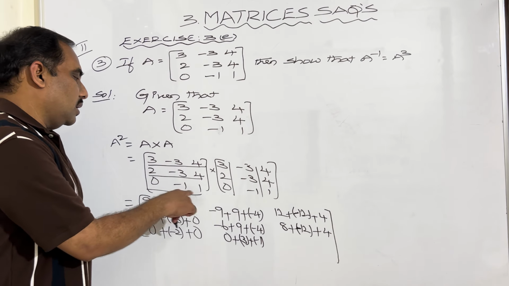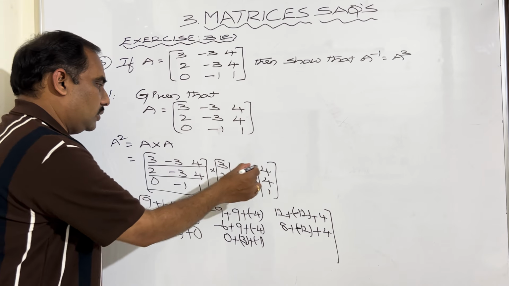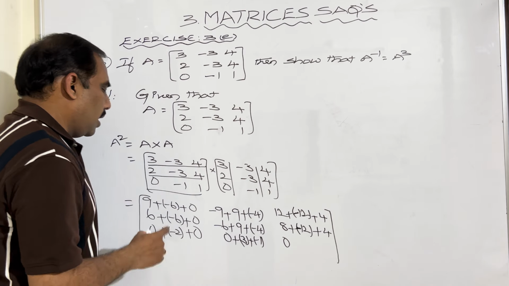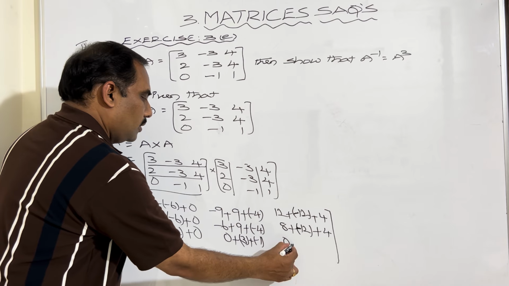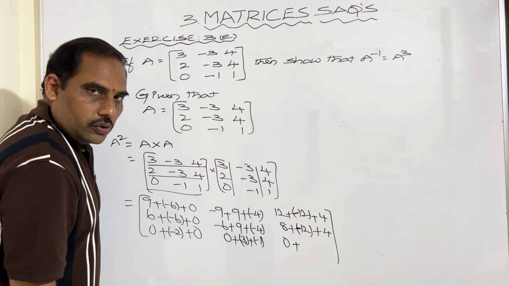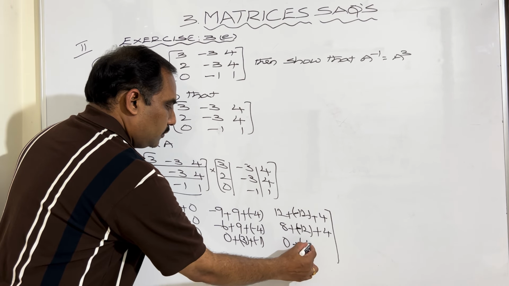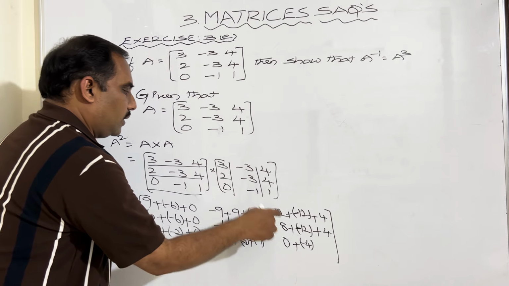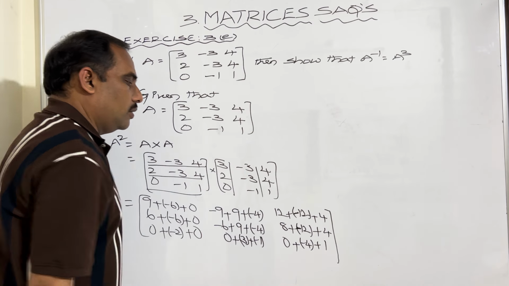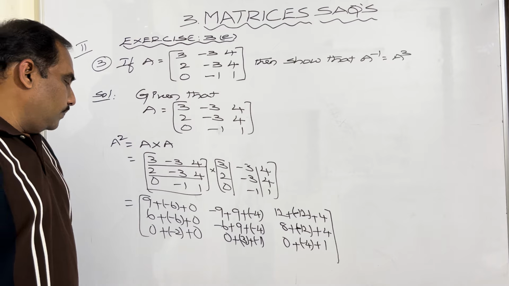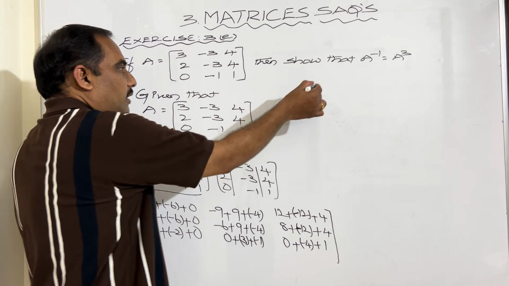Third row, third column: 0 into 4 is 0, plus minus 1 into 4 is minus 4, plus 1 into 1 is 1. Now we have to simplify this.